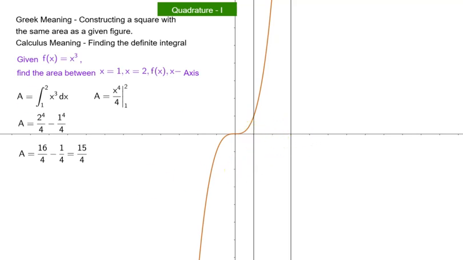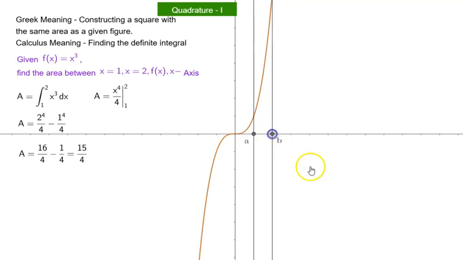And these lines pass through A and B. So, now here the A is at 1, B is at 3, but we want at 2. So, let's bring it to 2. So, what we were looking at was this area. This area is equal to 15 by 4, whatever be the square units.